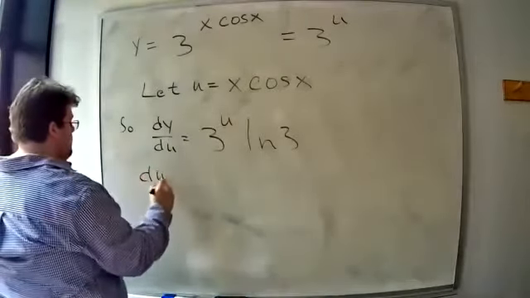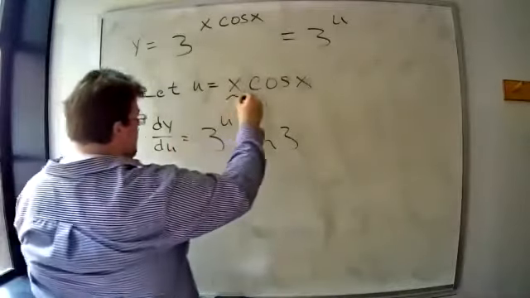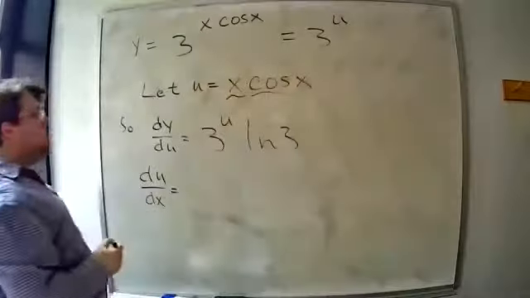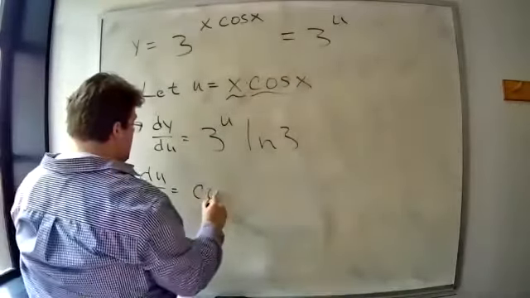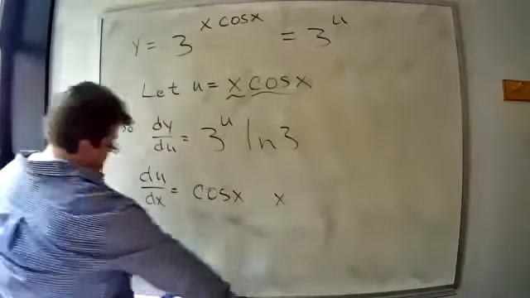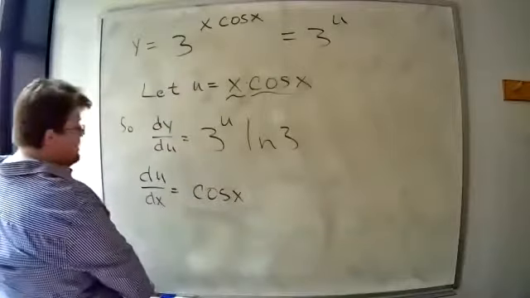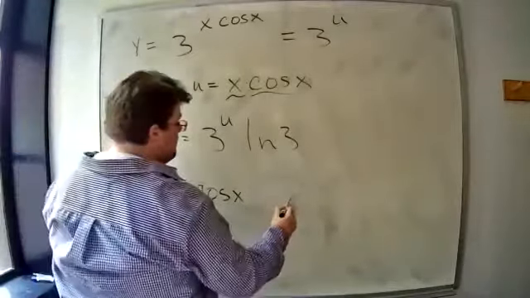What's du dx? Well, to find du dx, notice we have a product. So we'll need the product rule. Derivative of x cosine x, derivative of x is 1. So we have 1 times cosine x plus the first, which is x.